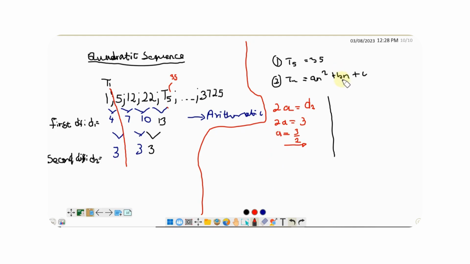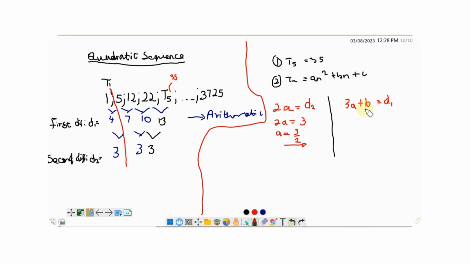Now that we have a, we want to find b. So to find b, you're gonna say 3a plus b equals the value for the first difference. So you're just gonna go up one step and use 4 now. We look for d1, which is 4.